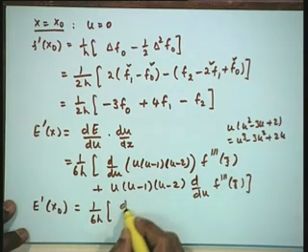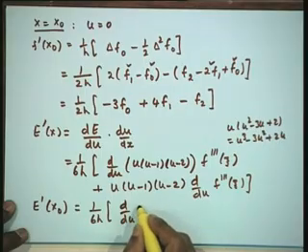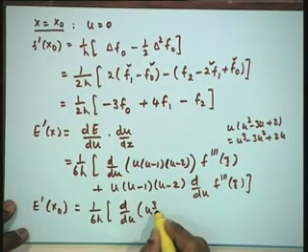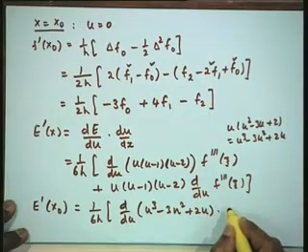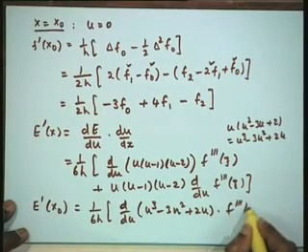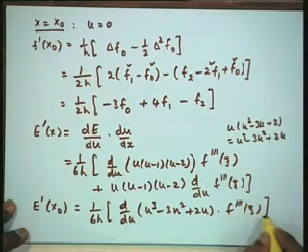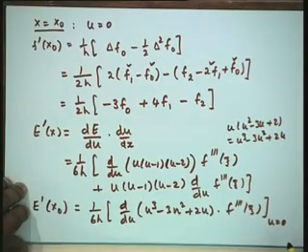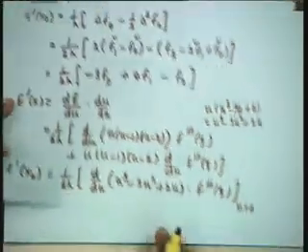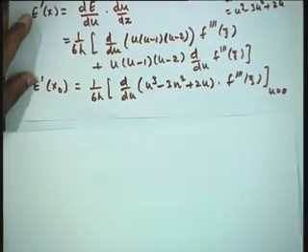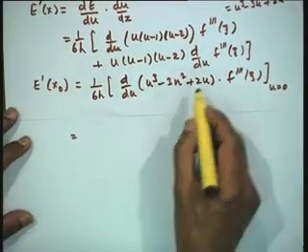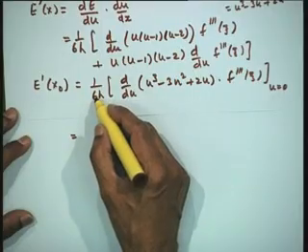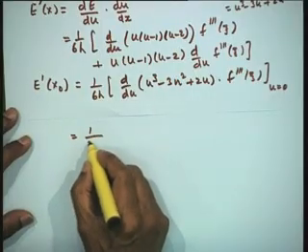So, let us write down one more term we can write down. This is equal to d upon du of u cubed minus 3 u squared plus 2 u into f triple dash of xi, evaluated at u is equal to 0. Therefore, I get here only 2 by 6, that is 1 upon 3 h.